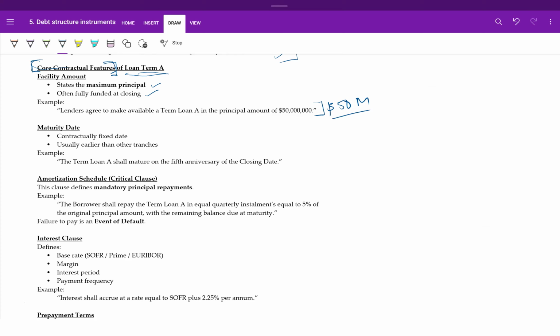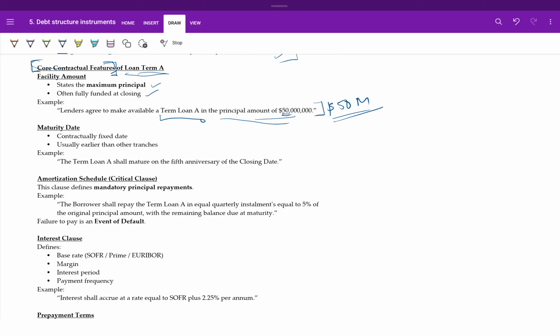So this is a statement which states that the lender has agreed to lend a principal amount of $50 million in the form of loan term A, and the lender has agreed to make this available under loan term A. This clause defines the lender's exposure as well as the borrower's leverage at inception.